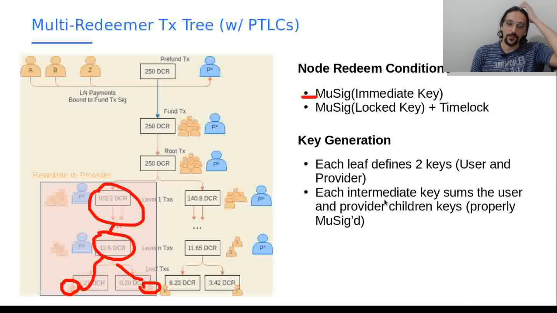So this is safe for users, who, due to the initial time lock, don't need to have a watchtower. They don't need to keep watching the chain to see if the Mr. Tree has been redeemed.